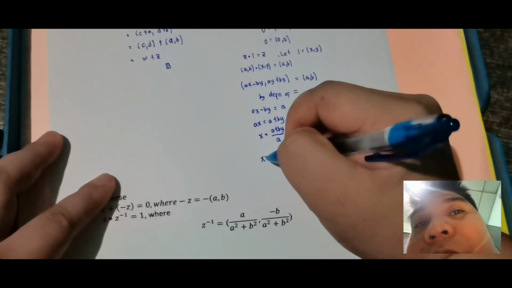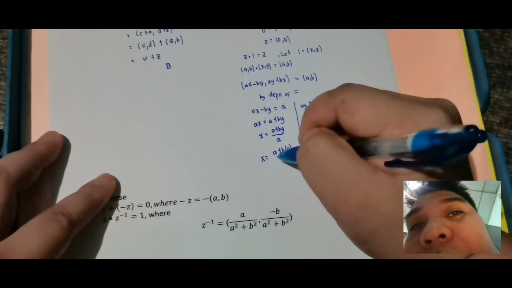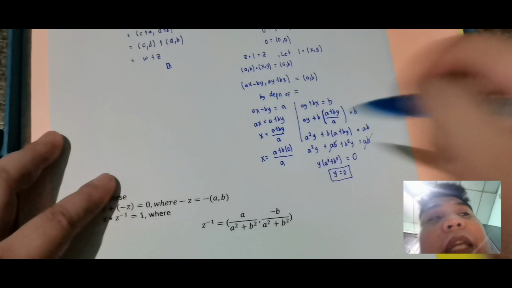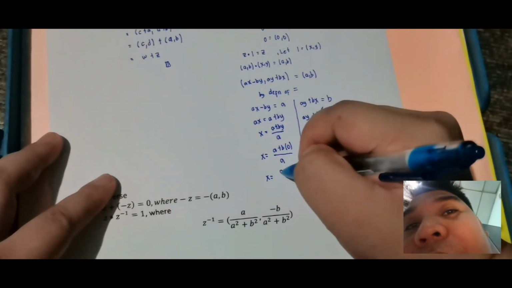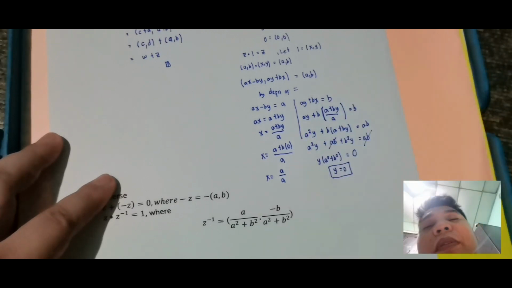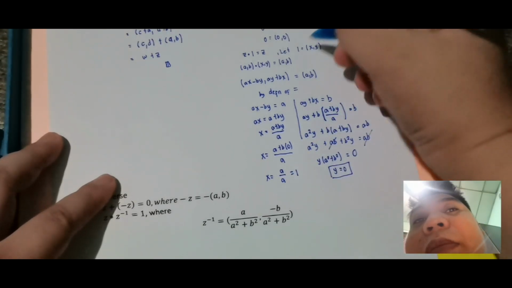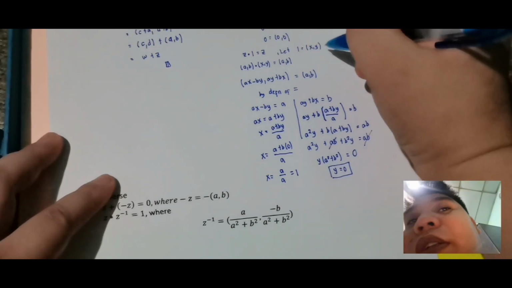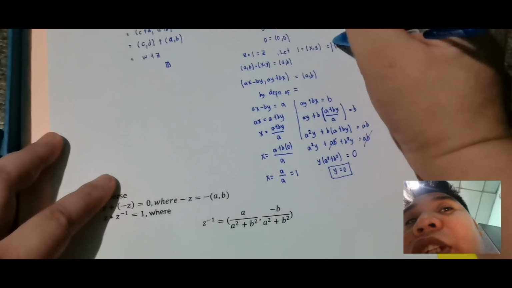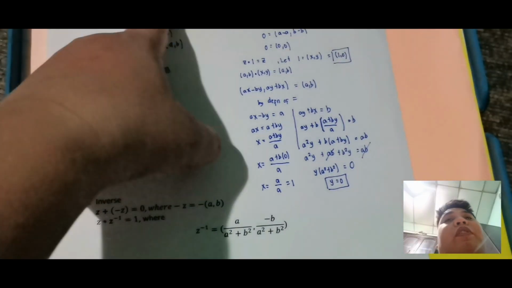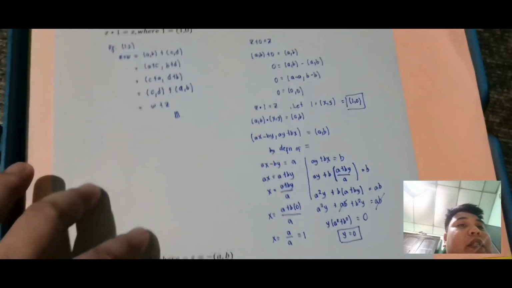So X is equal to (A plus B times 0) all over A. Okay, so obviously this is equal to X, that is A over A, kasi B times 0 is 0. Therefore, this is equal to 1. So therefore, ang value ng 1 is equal to (X, Y). This is equal sa (1, 0), which is, ayun nga, yung ating identity element na (1, 0).